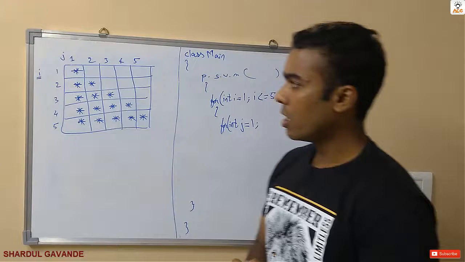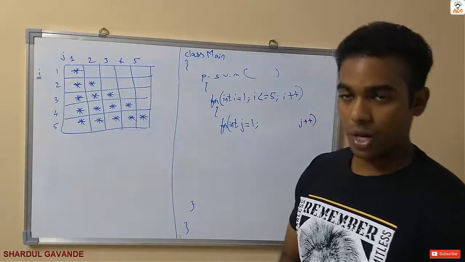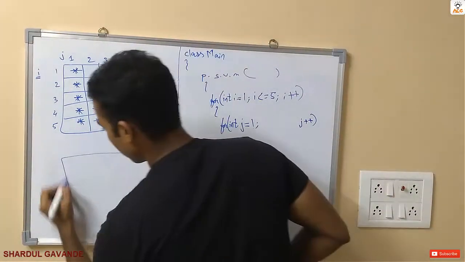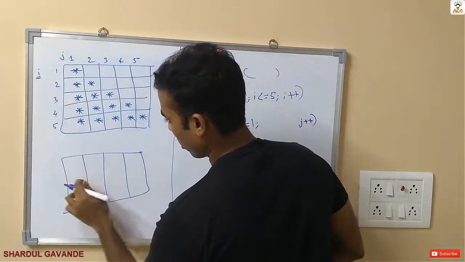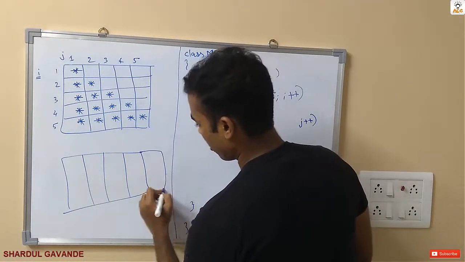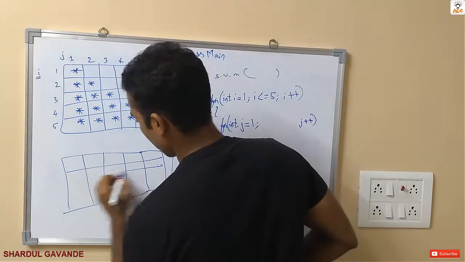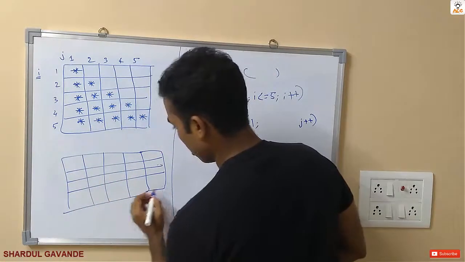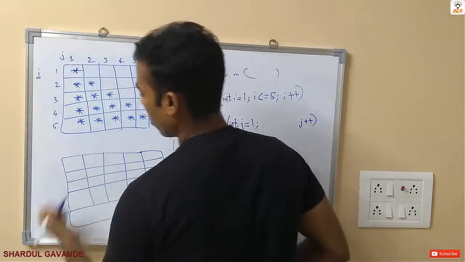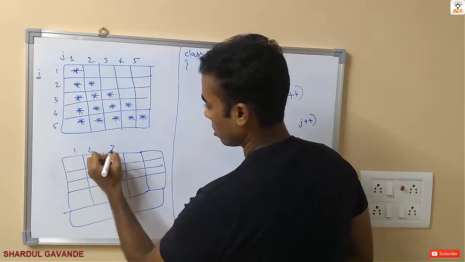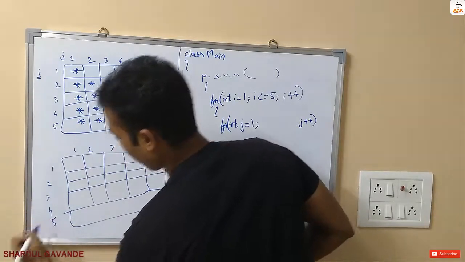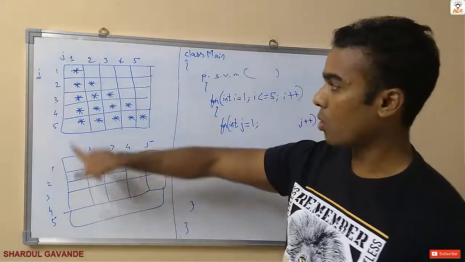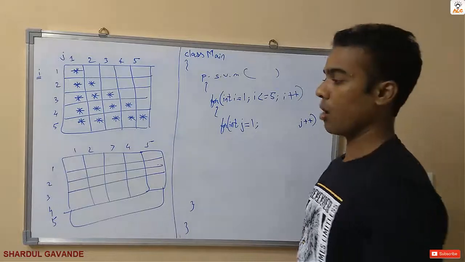Now if you look at the very first star we have to print. Suppose this is my set of rows and columns, 1, 2, 3, 4 and 5, each. I have to print my star over here in the first column.